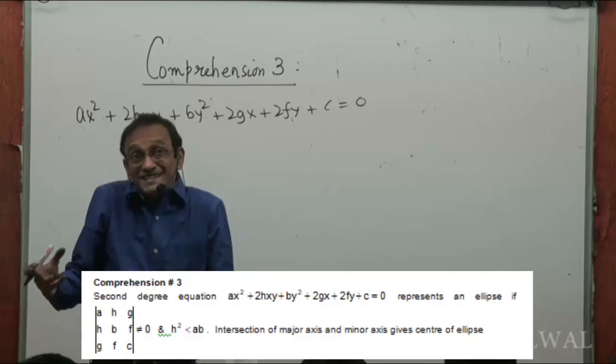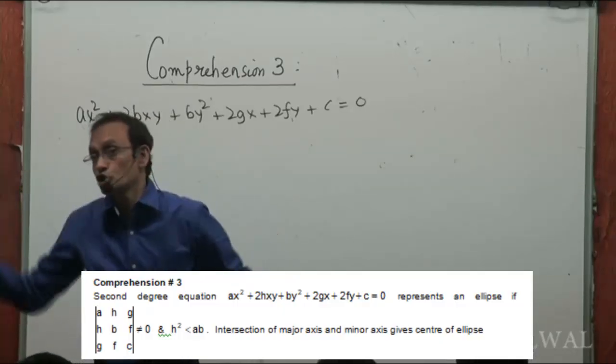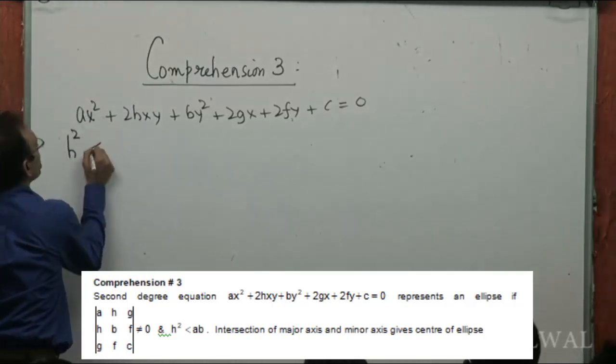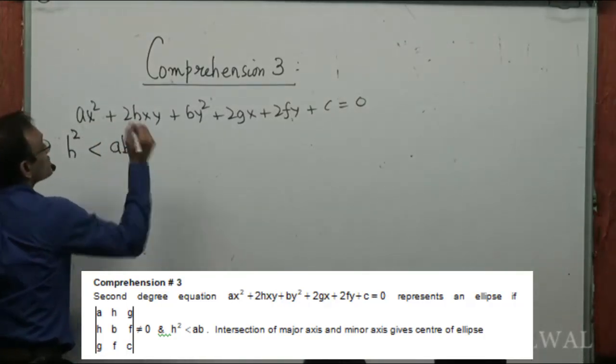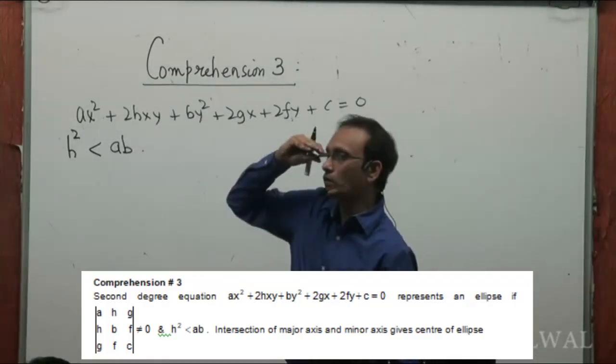That generalized discriminant, which is that determinant a, b, c, etc., should not be 0, and h square must be less than ab. That's when it's going to represent an ellipse. All right.